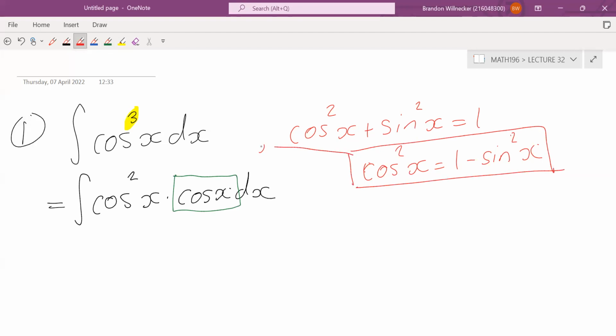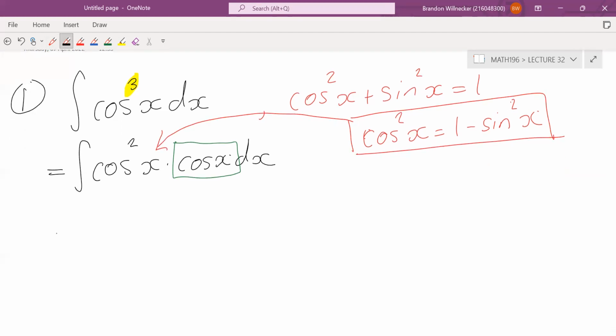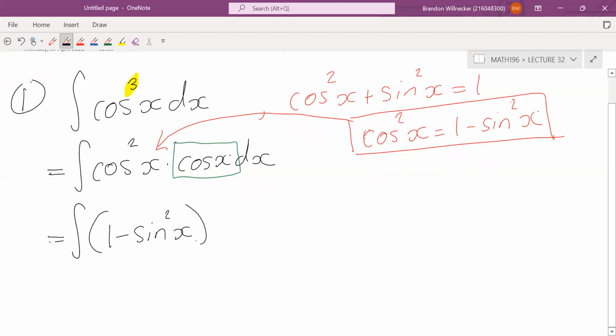So this part over here, we're going to substitute into there. Okay, so this is going to give us the integral of 1 minus sine squared. Okay, so we replaced cos squared with 1 minus sine squared, cos x dx. Okay, so that was just using that trig identity to write it like this.